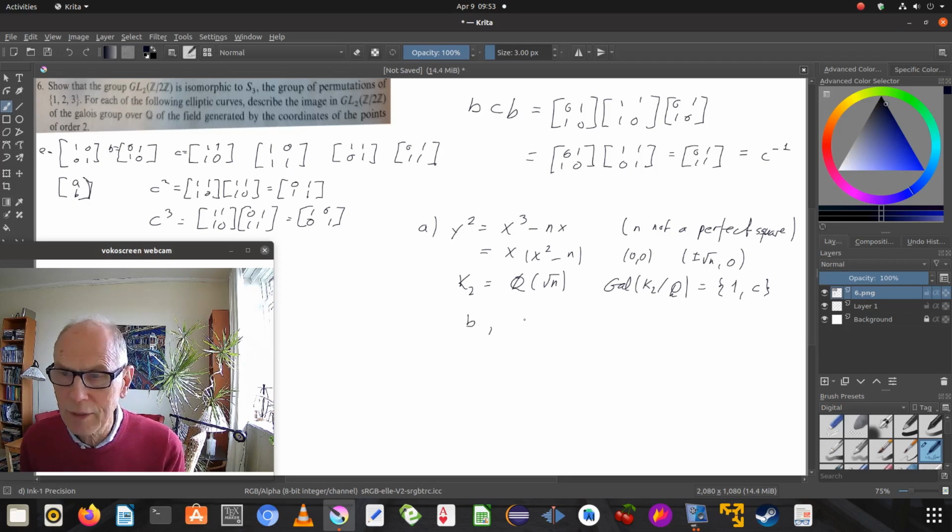So they must be C, B, C minus first, or C minus first, B, C. That must be the 3. So that's the possible maps. One of these.